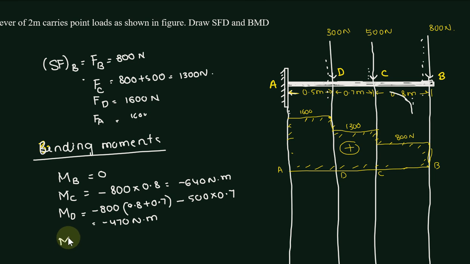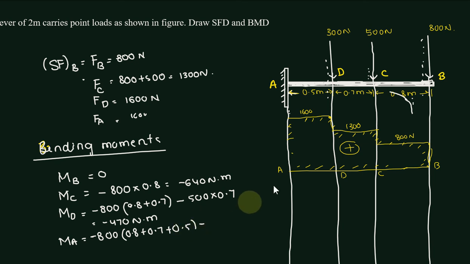Now the bending moment at A. Here we have three loads and three distances. So let us come from right to left again. 800 multiplied by the distance up to A. That is minus 800 into the distance up to A, which is 0.8 plus 0.7 plus 0.5, that is nothing but 2 meter.